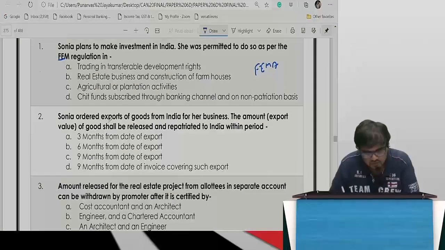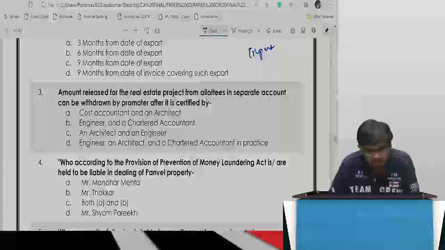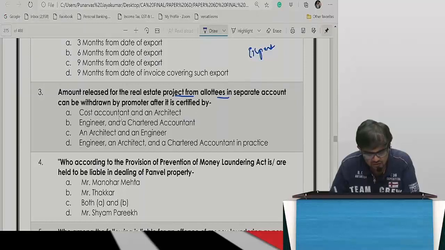Next, export of goods. So this is my FEMA export regulations. Allottees in a separate bank account and all those things they are asking. So amount released by real estate projects, this will be in RERA.